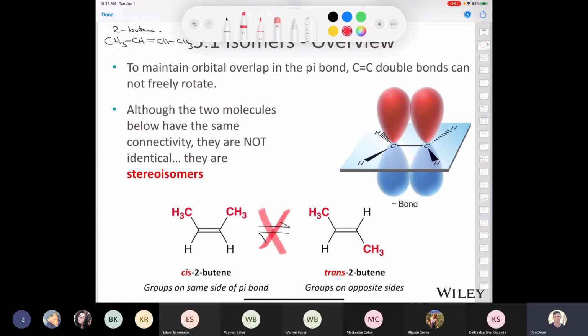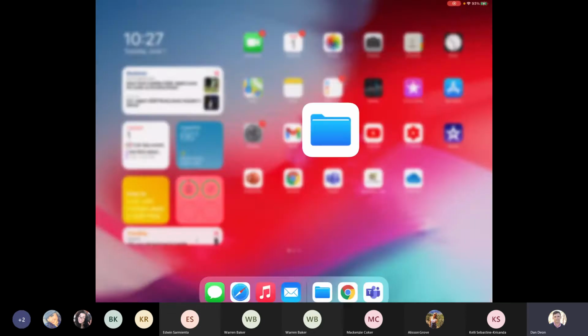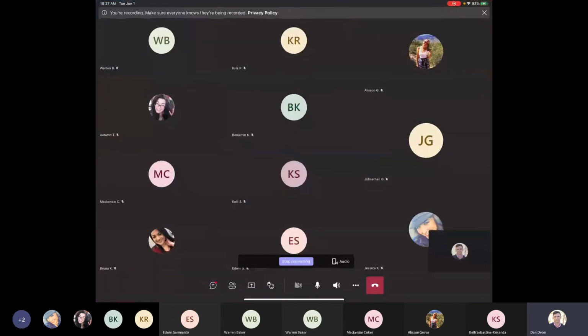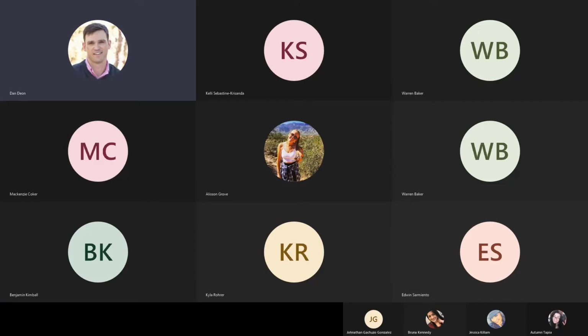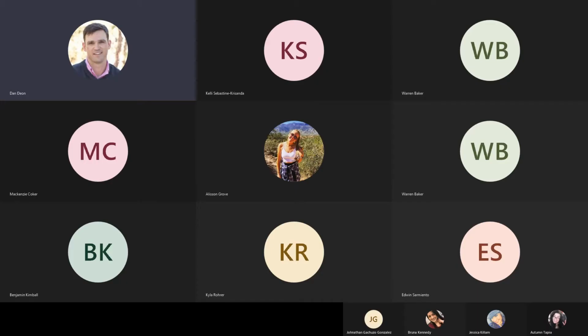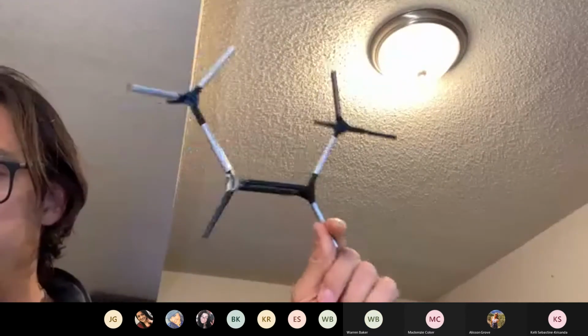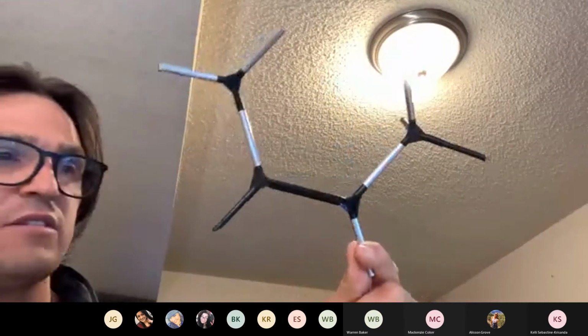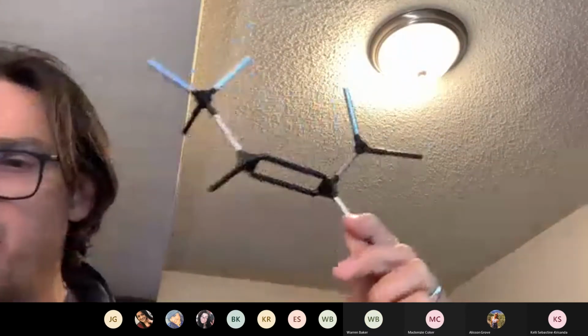If I grab my model kit here, I can do a very quick demo for you. Let me just switch over to my camera here for a split second. So I'm going to use my Feezer models to do this. I'll try not to break them. Here we go. But if I have 2-butene, so that's this molecule here, here's my double bond.